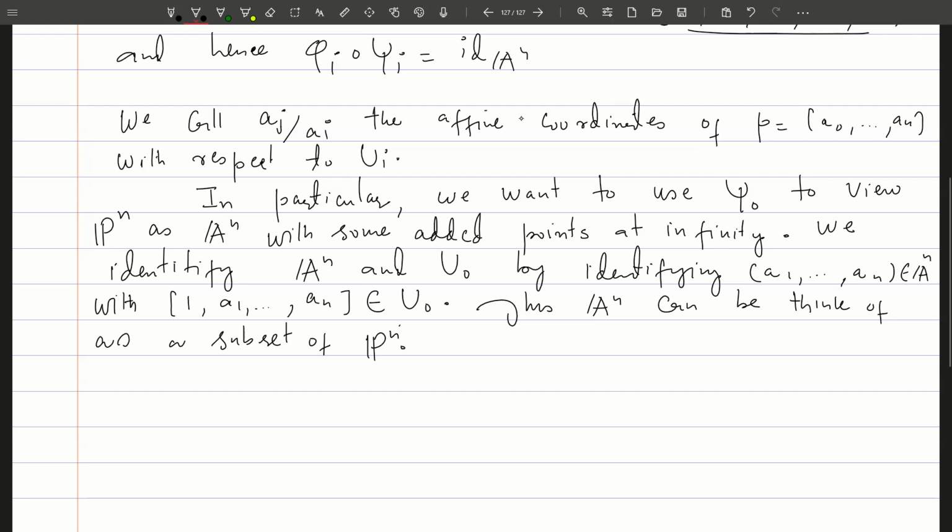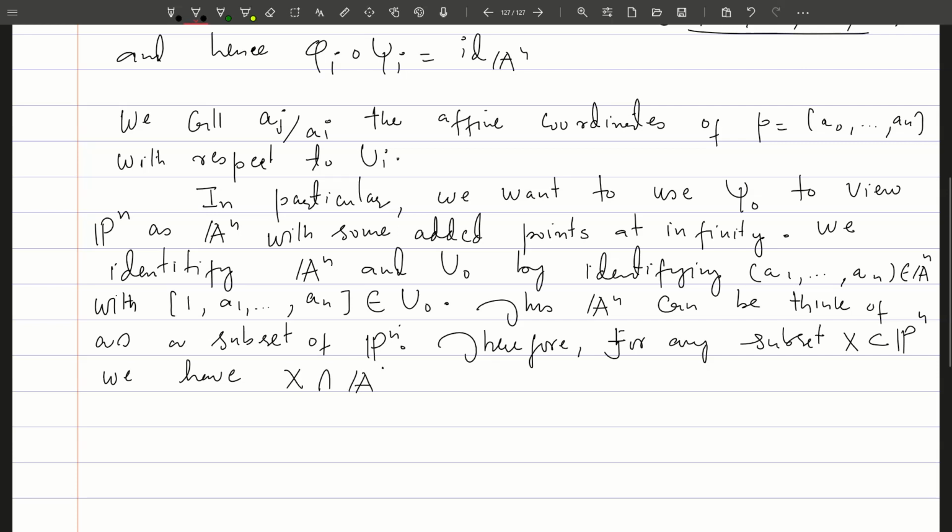So therefore, for any subset, say X, of the projective space Pn, if we look at this intersection X intersection with An, this is actually the image of the set under the map phi 0.